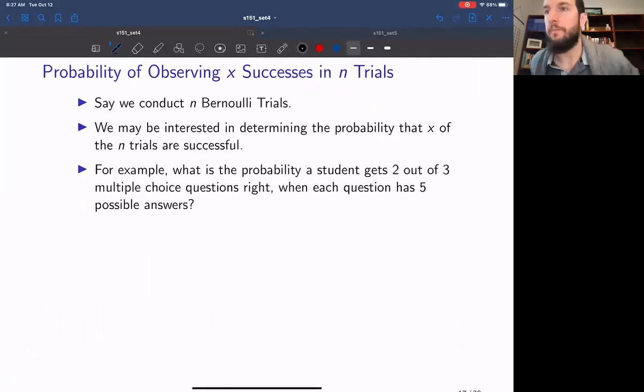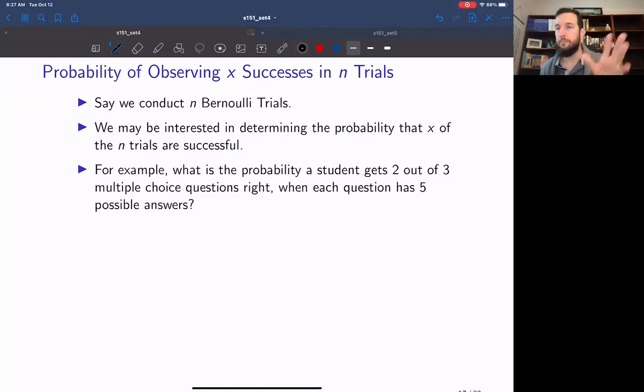All right, so say that we conduct n Bernoulli trials and we want to know the probability of getting some number of successes, which we typically call little x, out of those n Bernoulli trials.